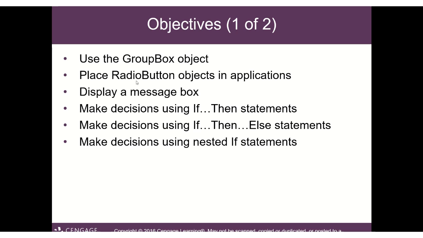Then we place radio button objects inside the application. We have not done that before, and as I emphasized during the lab, we have the checkbox and we have the radio button. What is the difference between a checkbox and a radio button?